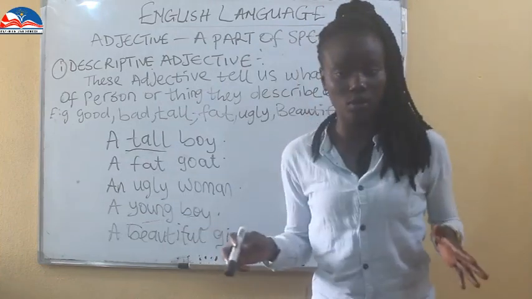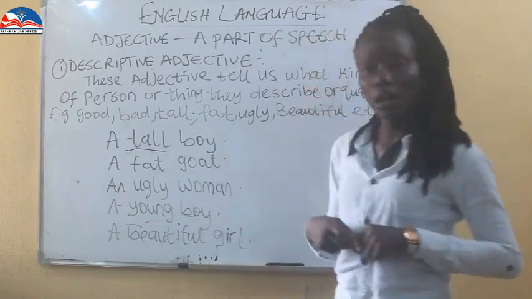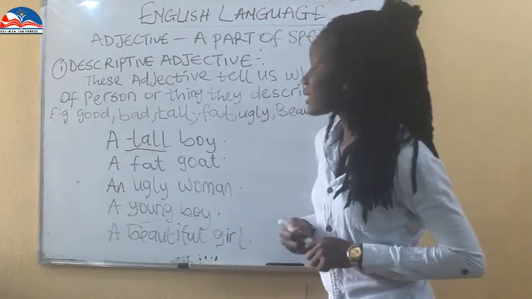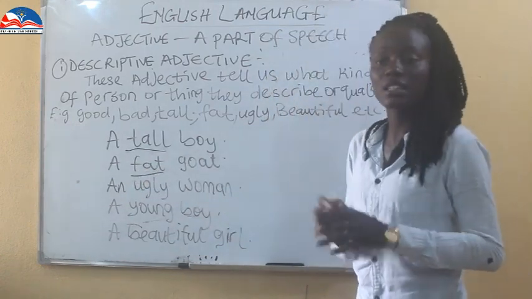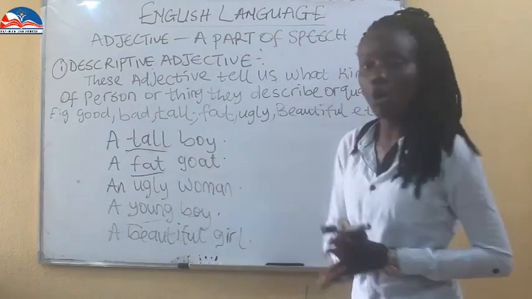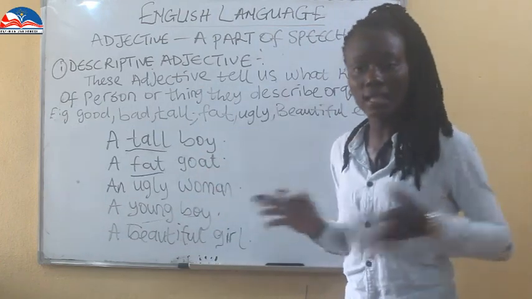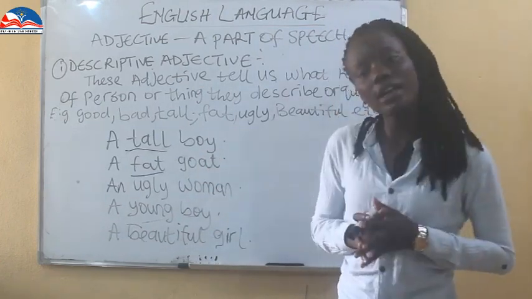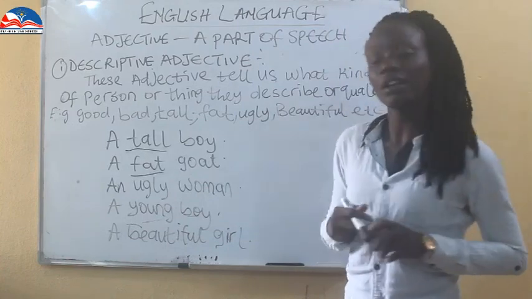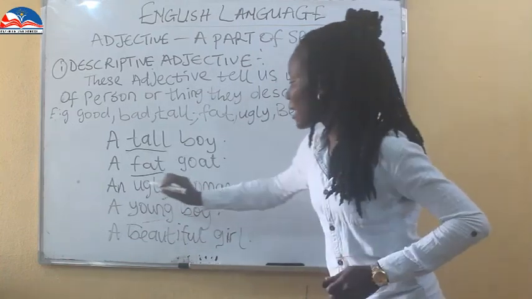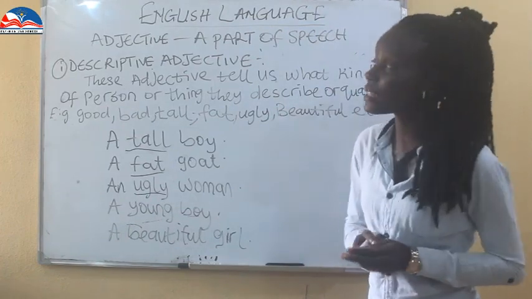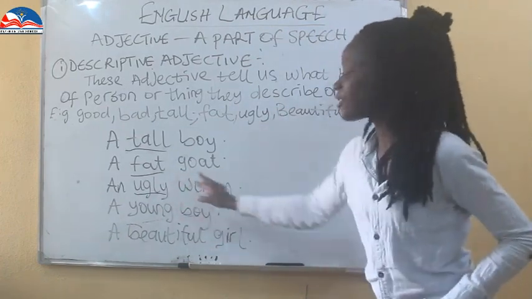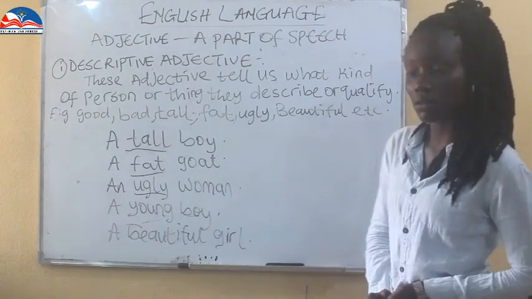A fat goat. The fat is the descriptive adjective. It is describing the kind of goat we are talking about. An ugly woman. Ugly is the descriptive adjective because it is describing the kind of person we are talking about.